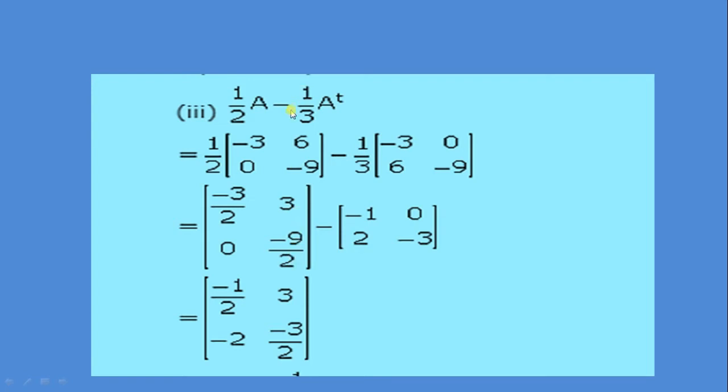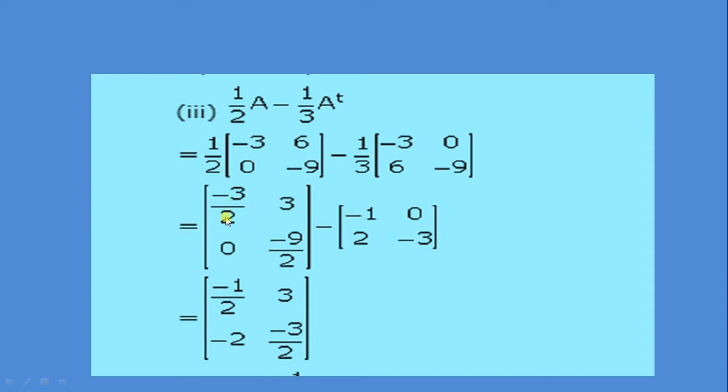Similarly, minus, keep it as it is, 1 by 3 into transpose of matrix A. Multiply all the elements by 1 by 3. Minus 3 into 1 by 3 is minus 1. 0 into 1 by 3 is 0, 6 into 1 by 3 is 2, minus 9 into 1 by 3 is minus 3.